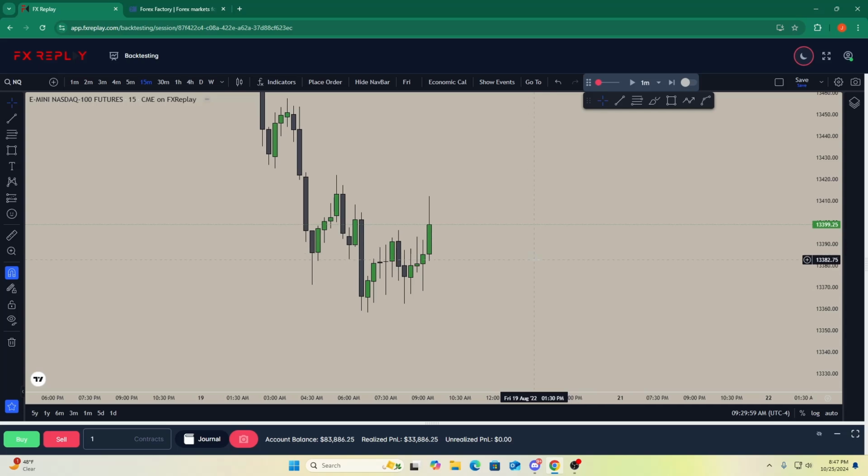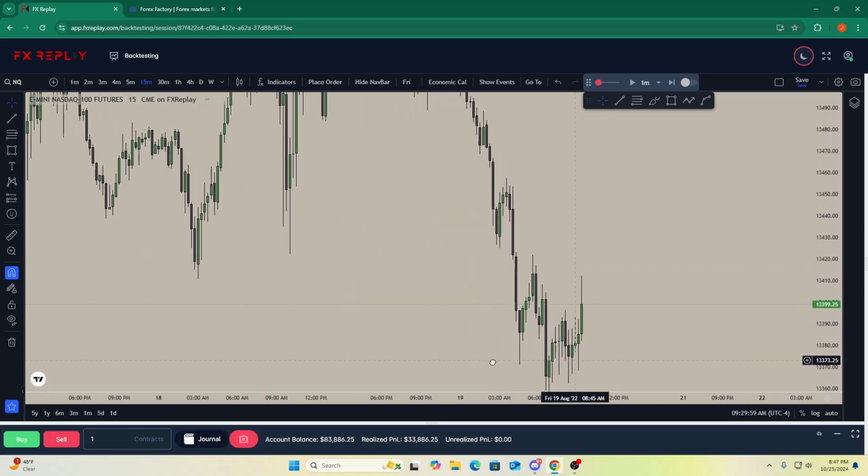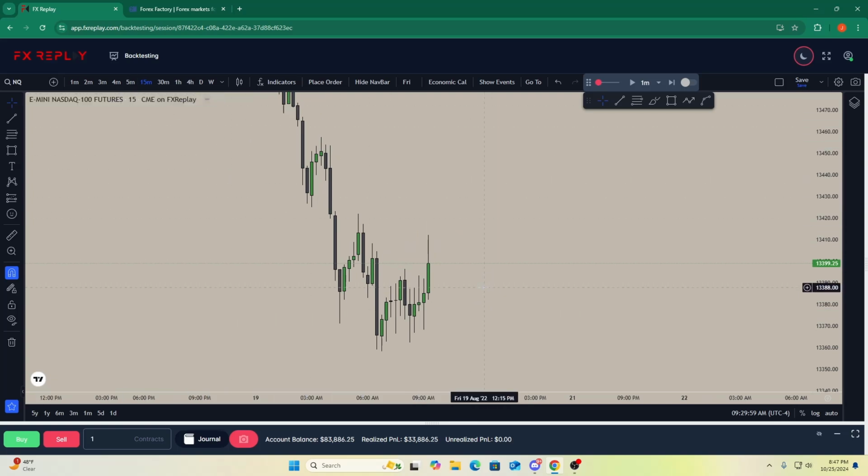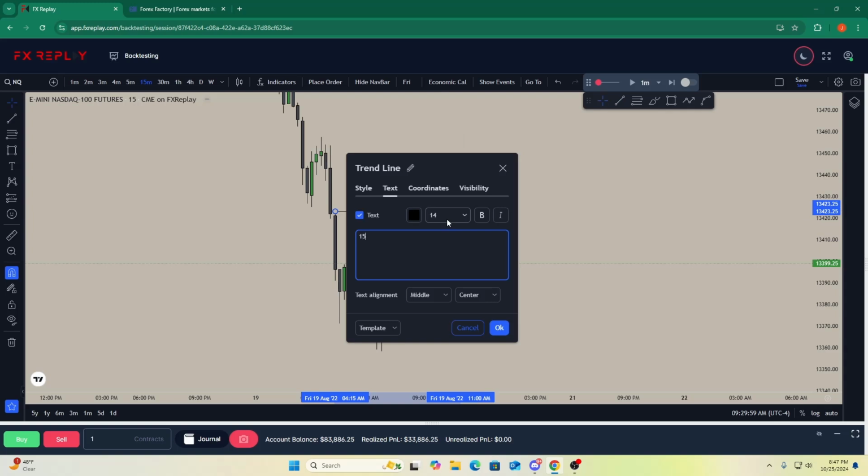My bad, I'm just trying to figure out a good bias. This 15-minute already got inverted. We have a 15-minute rebalance here. This is looking like another London manipulation, New York reversal.